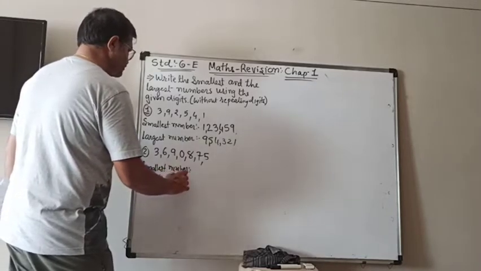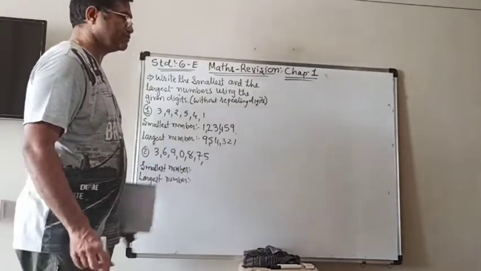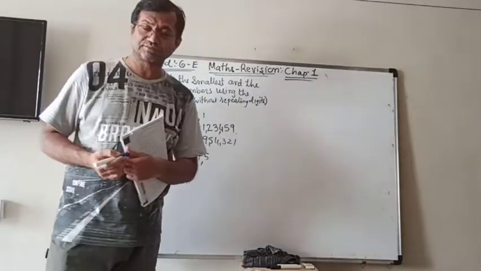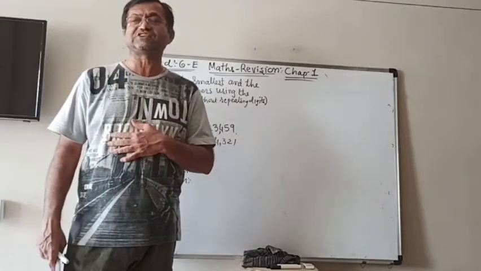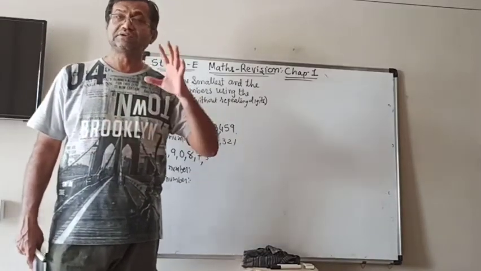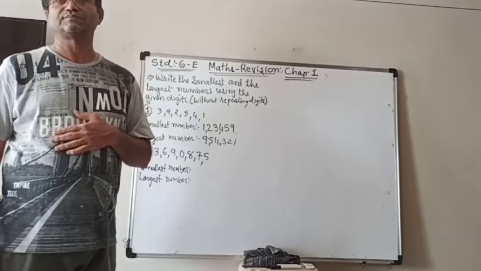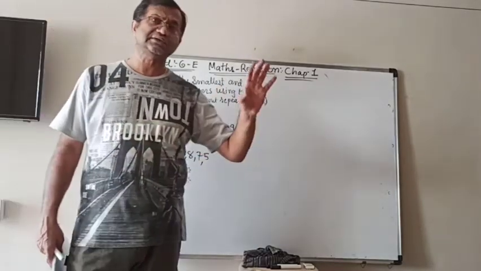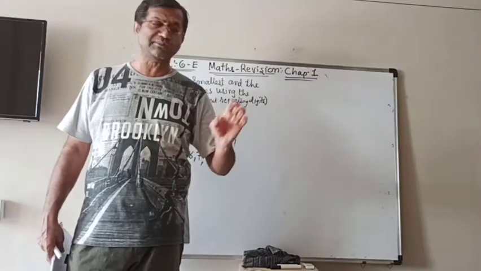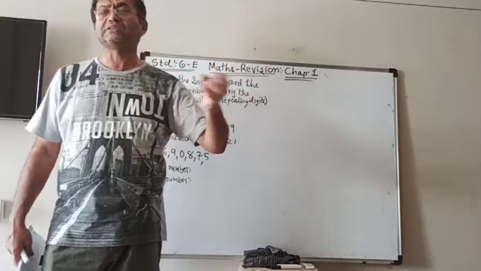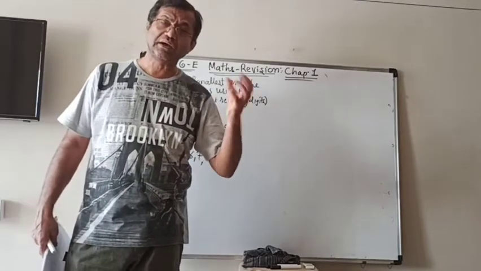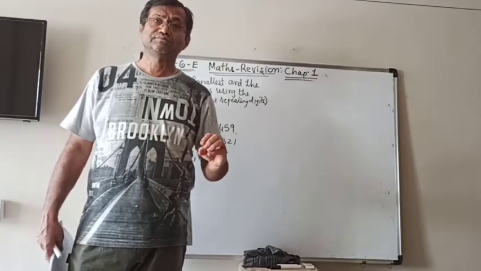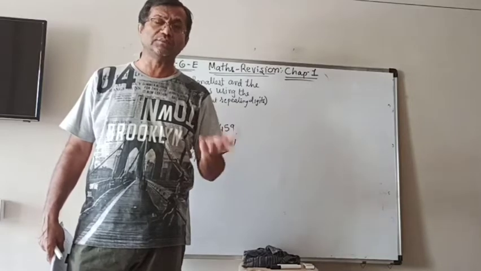Now sometimes the students are making mistakes. In the last few tests also I saw when I checked that they don't think about 0. They only see that when you make the smallest number, the smallest digit must be in the beginning. But if you put 0 in the beginning, then it does not have any value.